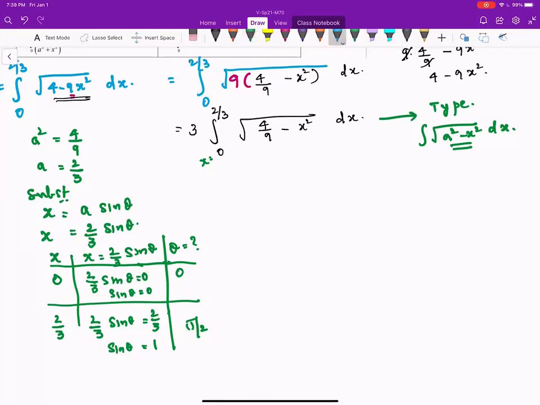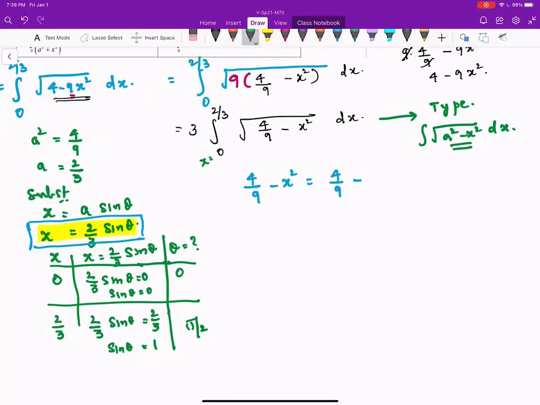So we are going to use the new limits for theta, and we are going to convert everything inside the radical to theta. So let's find out what 4 by 9 minus x square is. What is our x? x equal to 2/3 of sine theta.